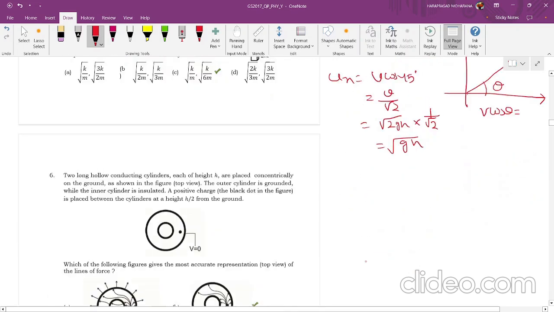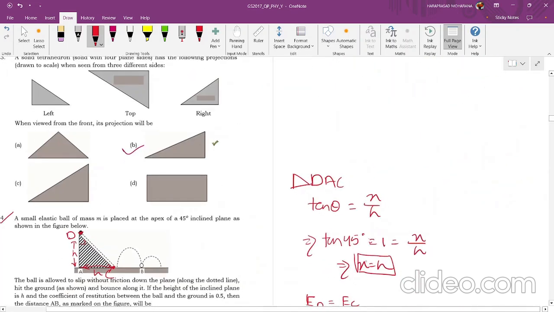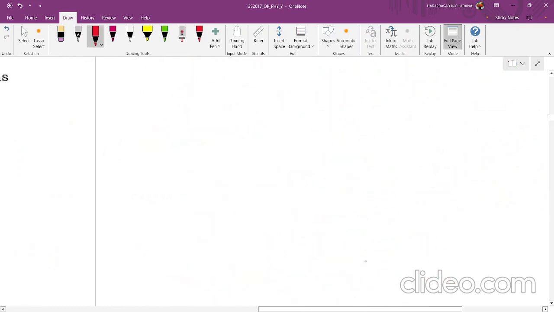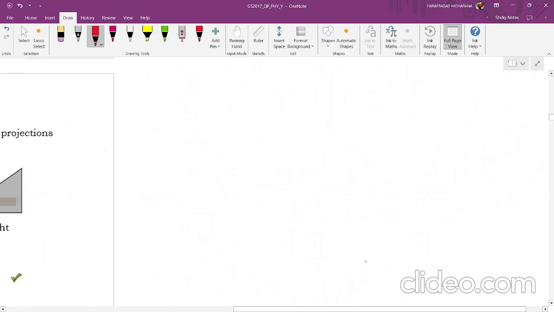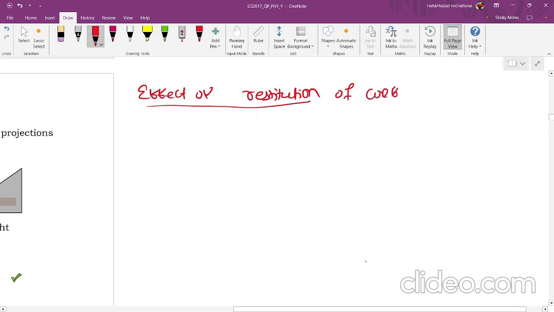Effect of restitution. So here comes the effect of restitution. What does it say? The effect of the coefficient of restitution will be only in the y direction.